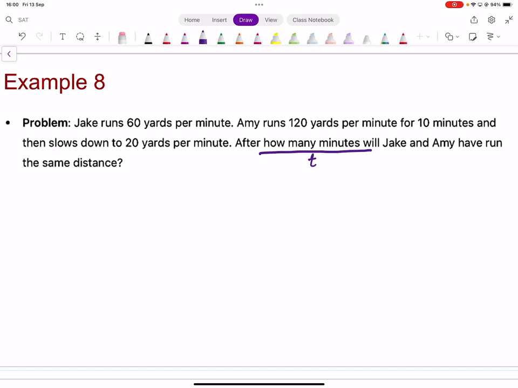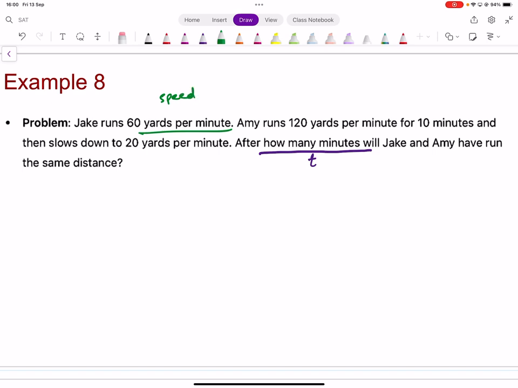After T minutes, what's the distance run by Jake? 60 yards per minute. What does that mean? This is the speed, right? Yards per minute.